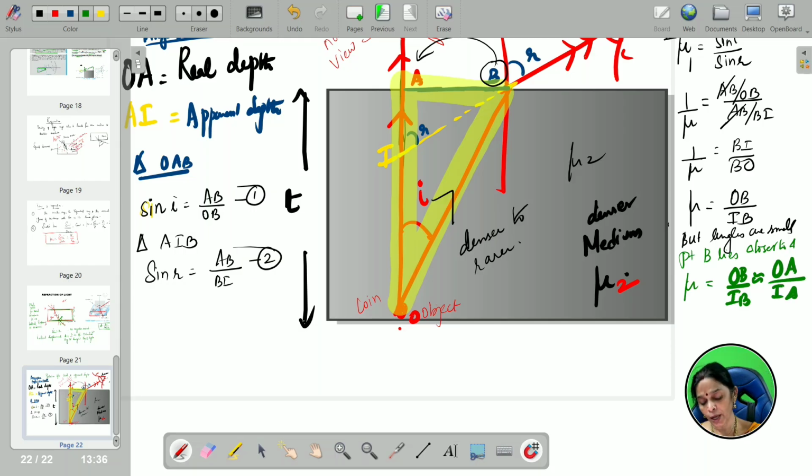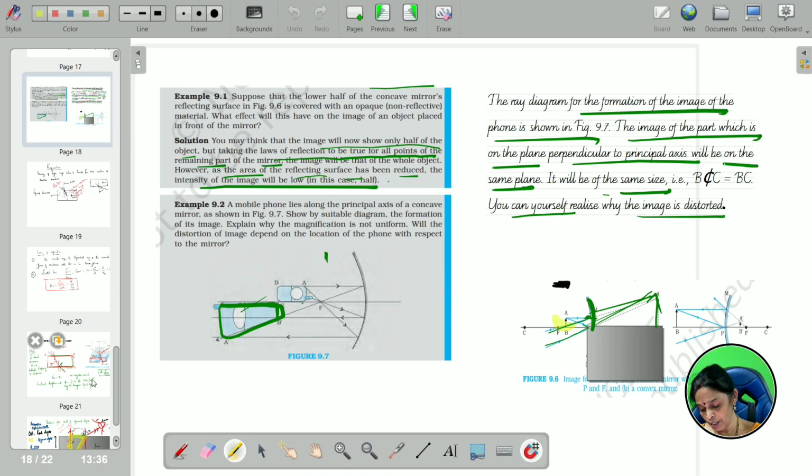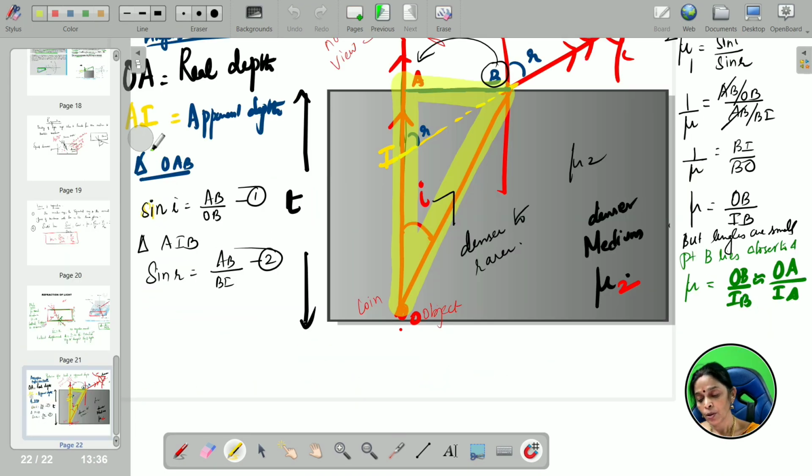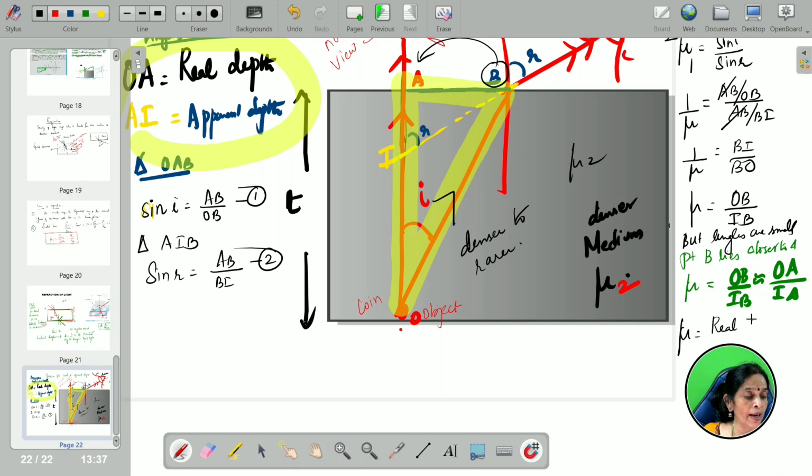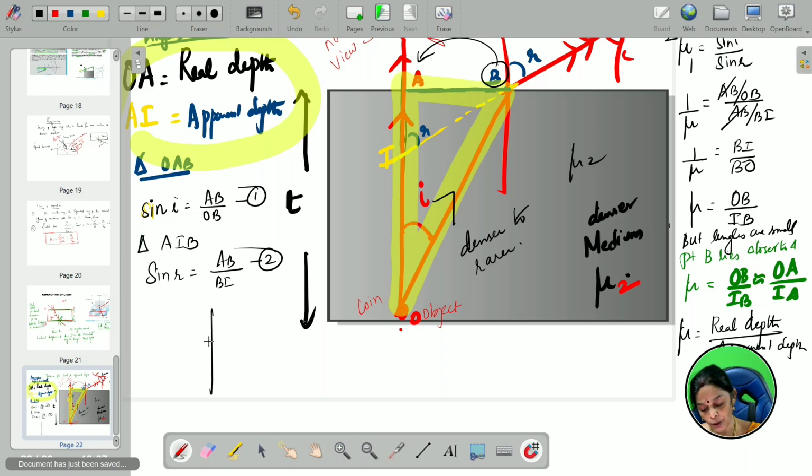Children, what is OA here? OA is real depth. IA is apparent depth. So, therefore, mu is equal to real depth divided by apparent depth. I am going to write this as mu is equal to RD by AD, real depth by apparent depth. That is all.